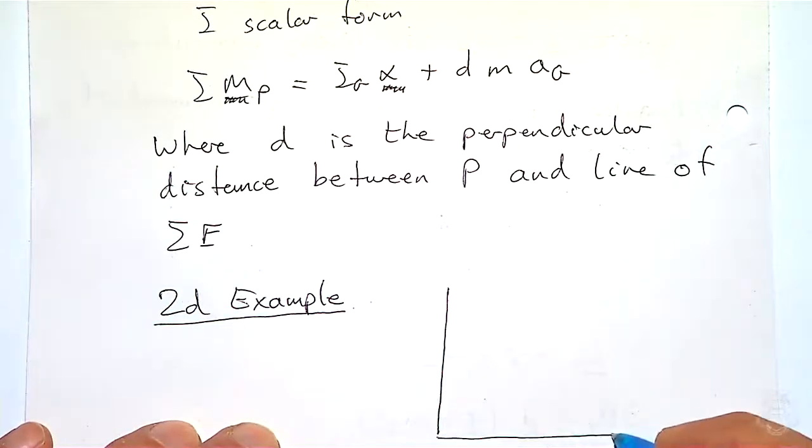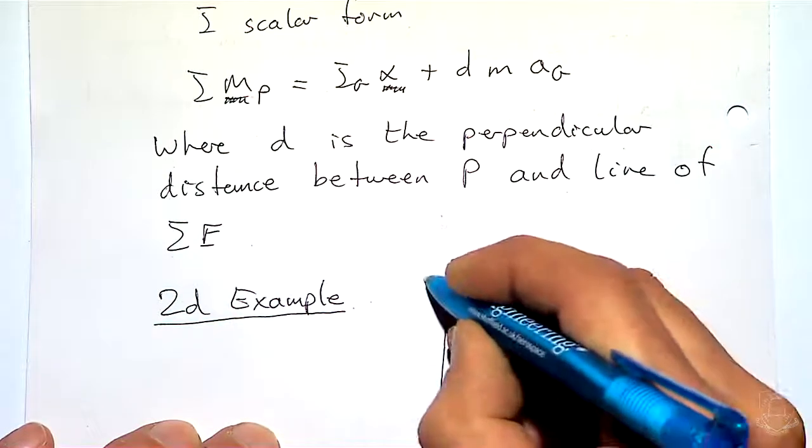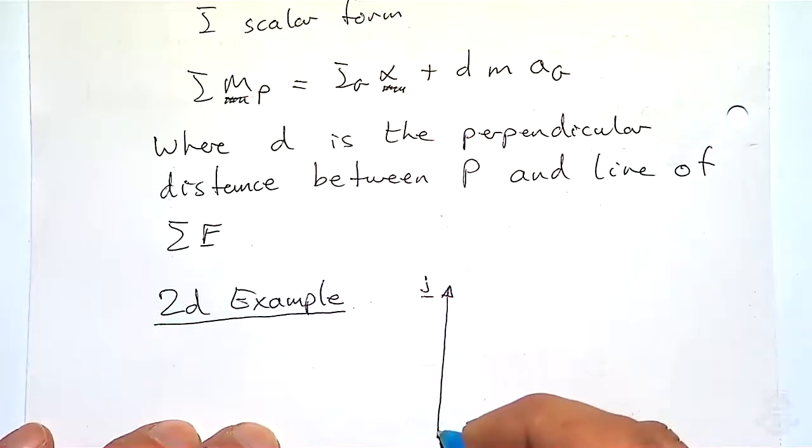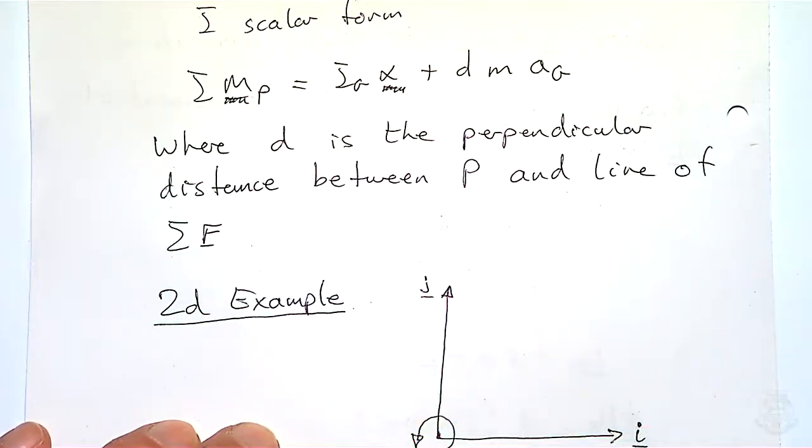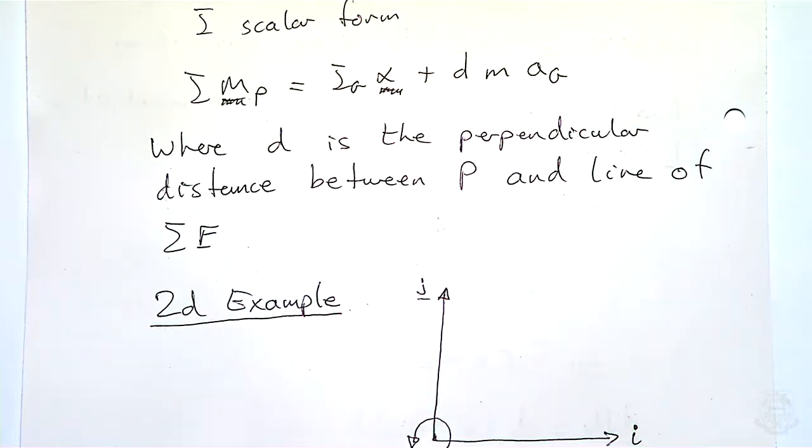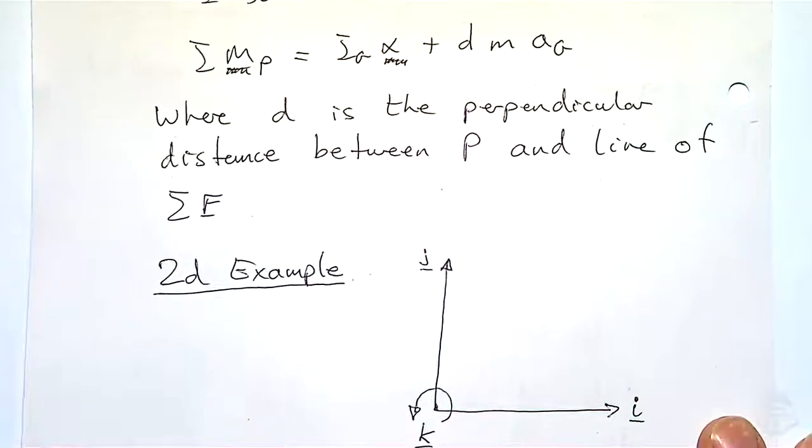Let's assume that we've got our I and J axes like this, and then we've got a rotation around here, which gives us rotation around the K axis coming out of the page. So this is the rotation around this origin, which we're assuming is sticking out of the page.